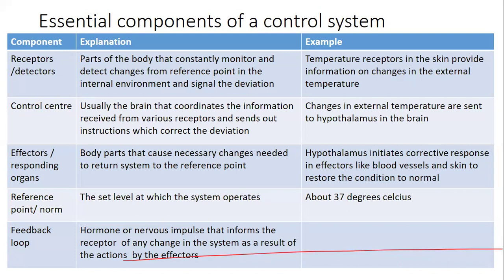For instance, if the external environment became hotter, then those thermoreceptors are going to send an impulse to the brain. In the brain, there is a part that detects changes in the temperature. When that part is stimulated, it's going to send another impulse to the relevant organs.